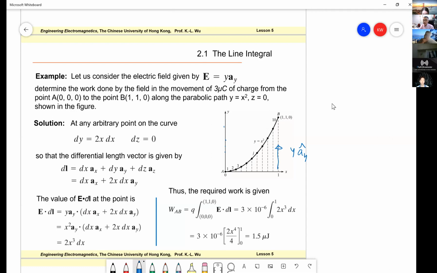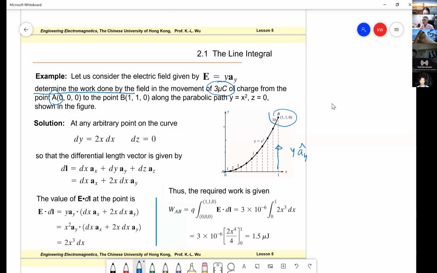Then we have a charge of 3 microcoulomb, and we would like to determine the work done by moving this charge from one point, located at the origin A, to the point B. B is located at x equal to 1, y equal to 1, z equal to 0.